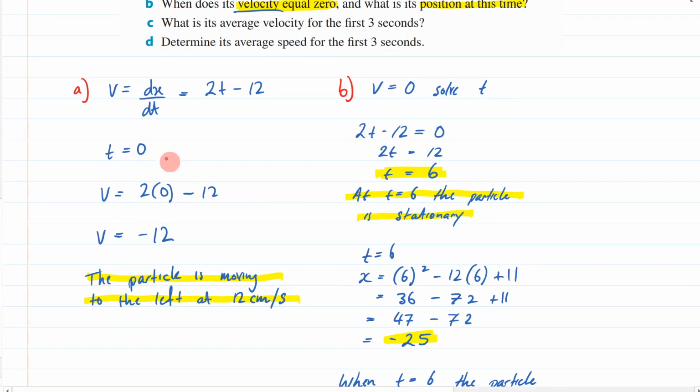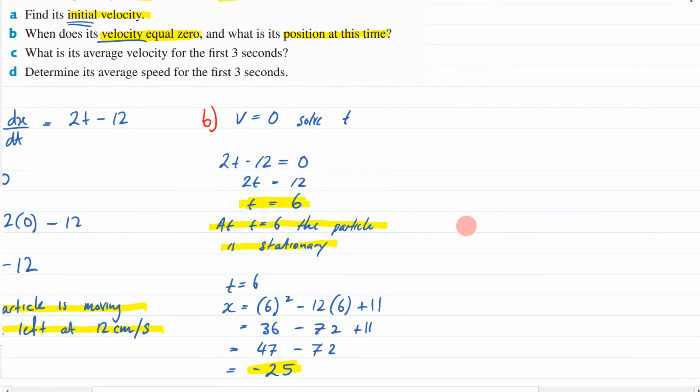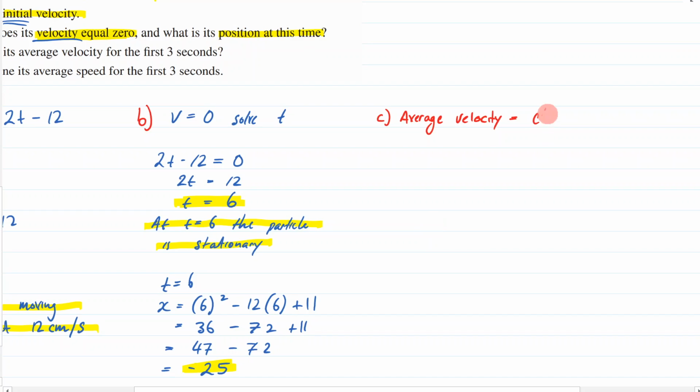What is its average velocity for the first 3 seconds? Okie dokes. All right, so we have to know what average velocity is. Average velocity, and this is something that you just have to memorize, means the change in position over the change in time.